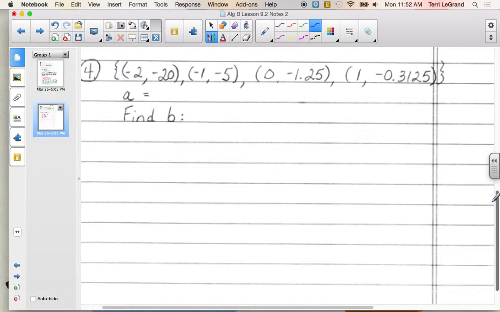Okay, I want you to do this one on your own. I want you to see if you can come up with your exponential function for this set of ordered pairs.